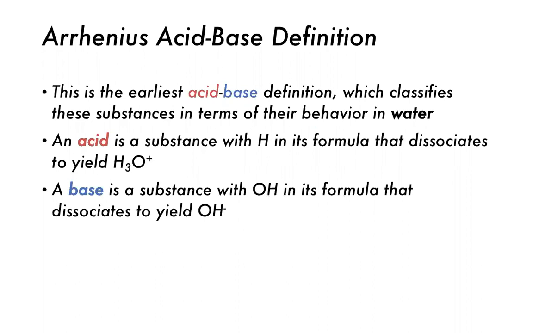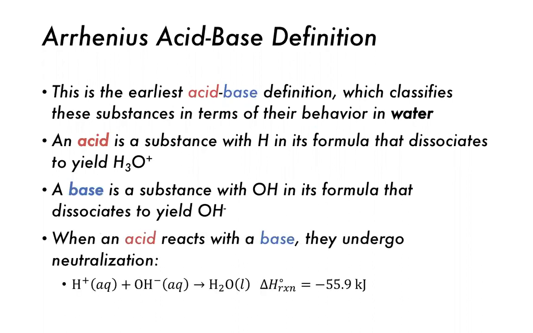A base is a substance with OH in its formula that dissociates to yield OH-. And so an acid-base neutralization reaction may be like this, where H+ plus OH- gives water, and the heat of reaction there is about minus 55.9 kilojoules.